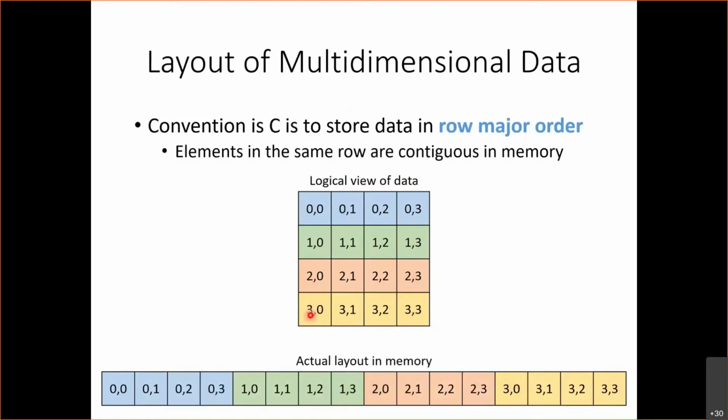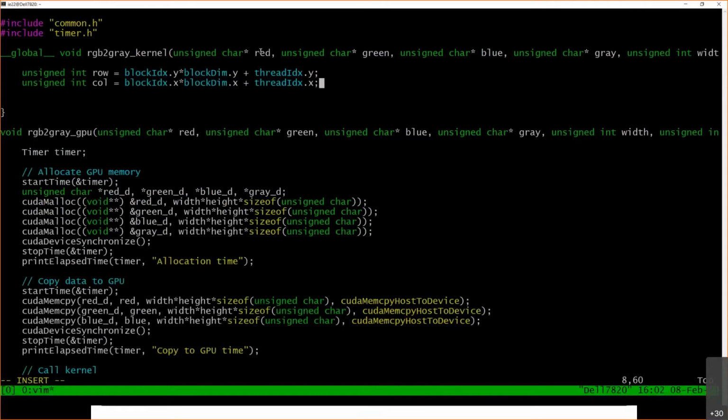This is what I have done when I've allocated these images. Each of these red, green, and blue arrays is a one-dimensional array where the pixels of the image are laid out in row major order.